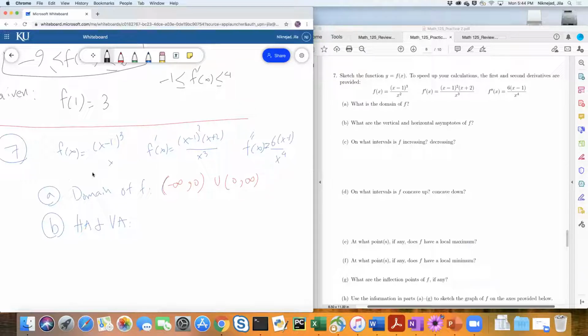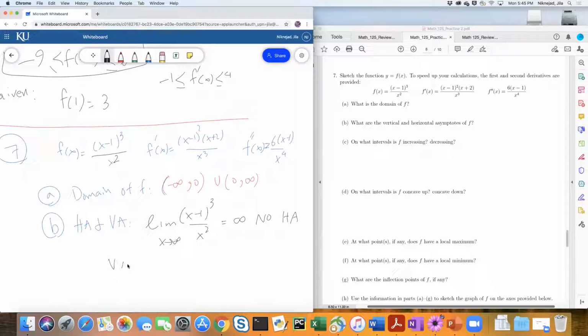And so we're going back here, and I'm finding this limit. And this one, the top is x to the power 3, the bottom is x to the power 2. Now that we know L'Hopital's rule, this means that the top is growing faster than the bottom. And I can say that now if I want to. So this is infinity. So no horizontal asymptote.